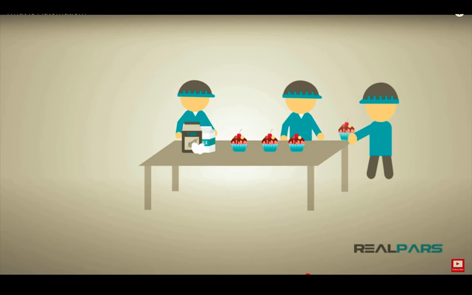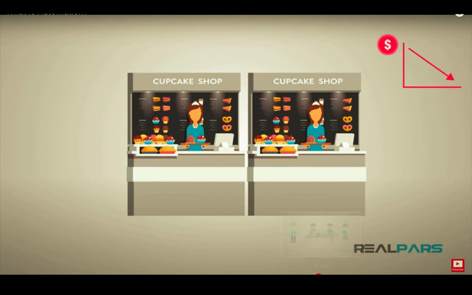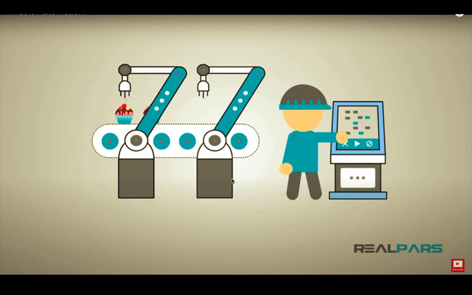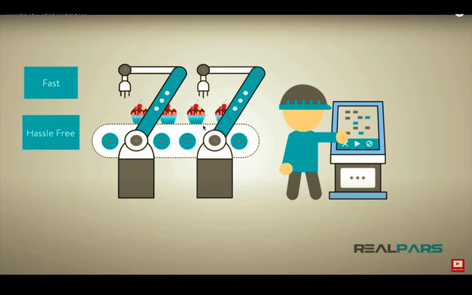Instead of this manual process, if you take help from machines, only a single person is required to operate the machines. And the most important advantage of this method is that the quality of the cupcakes is very good and does not change.